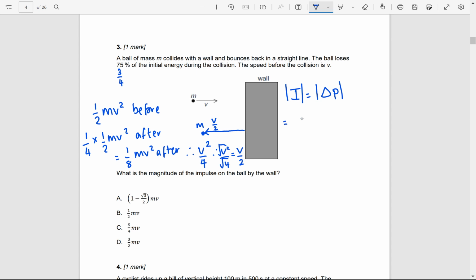So the change in momentum is the final. Okay, so the final, so we're going the other way. So it's negative mv over 2 minus the initial, which is mv.